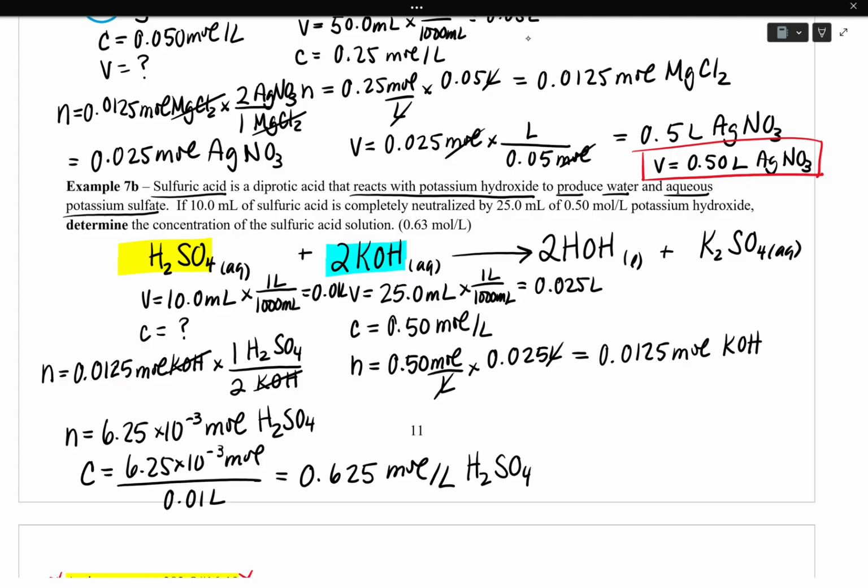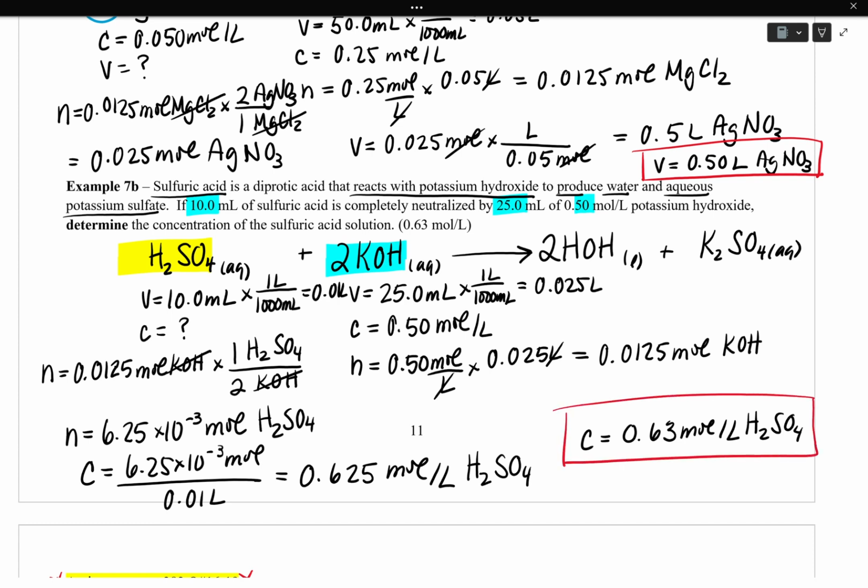Let's take a look at significant digits. I've got 3, I've got 2, and I've got 3. So we're going to round to 2 digits. So my final answer will be 0.63 moles per liter of H2SO4. And that is the final answer.